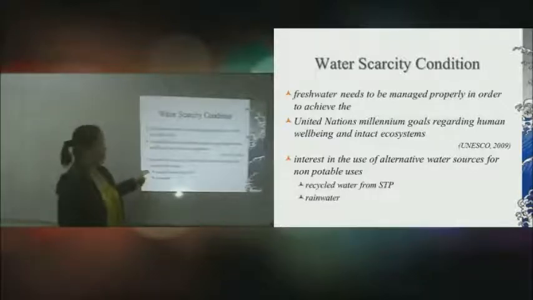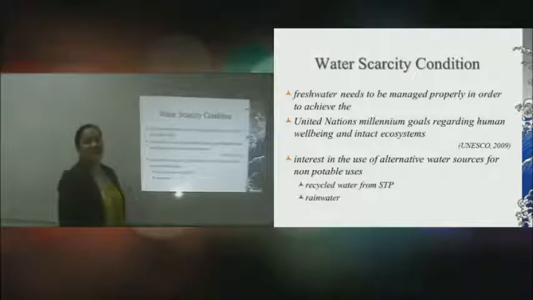Now, one of the possible water resources that we have would be recycling water from STP. You can do this because recycling would also entail additional treatment. That is just to add some water resources.